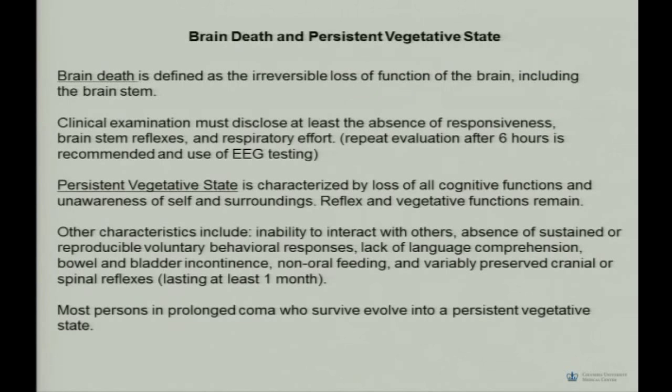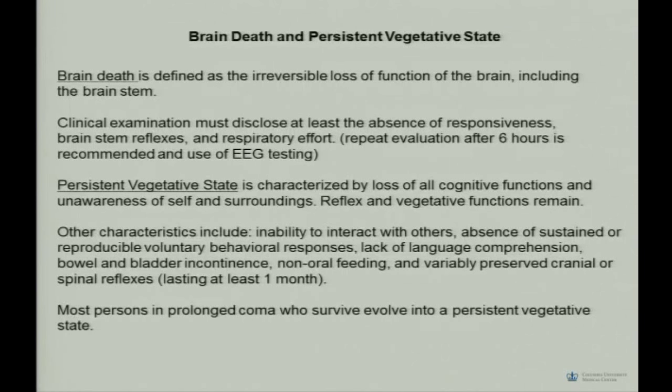So we went from concussion, which was really sort of mild, reversible brain injuries, where the person's going to wake up. And then we went from concussion to coma, so the person has lost consciousness for more than 6 hours.